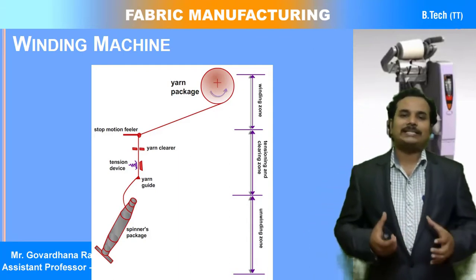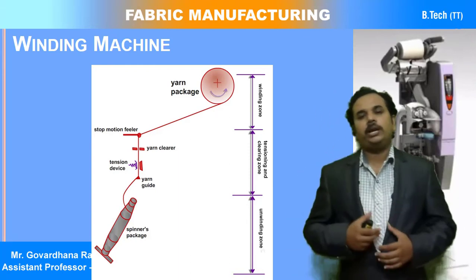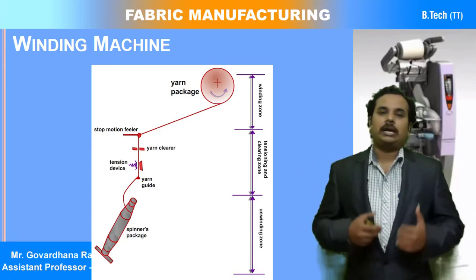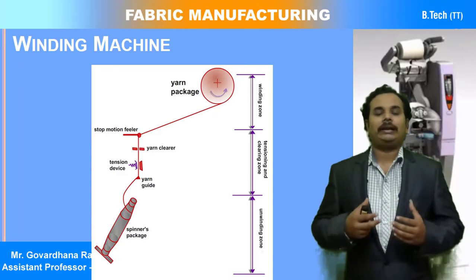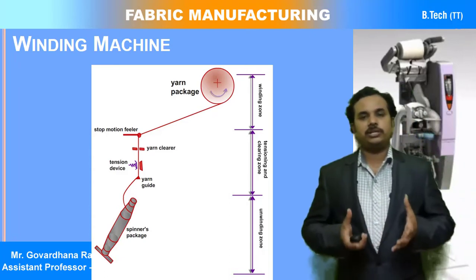What is happening is that when the yarn is unwinding from the unwinding zone, it passes through the tensioners and clearers. What is the main objective of these tensioners and clearers?